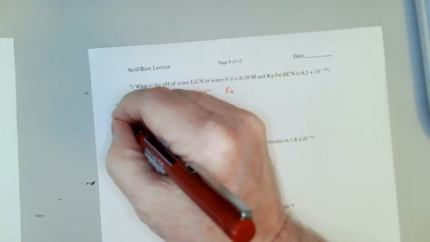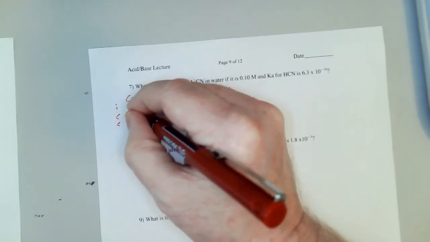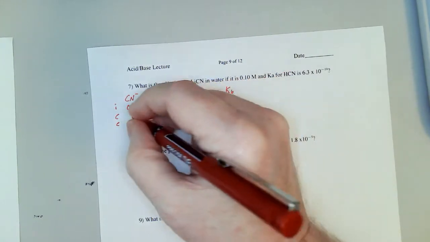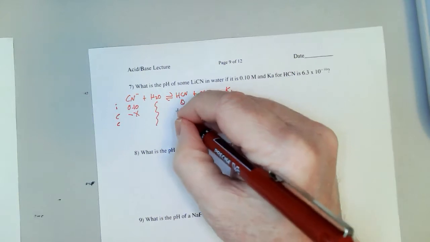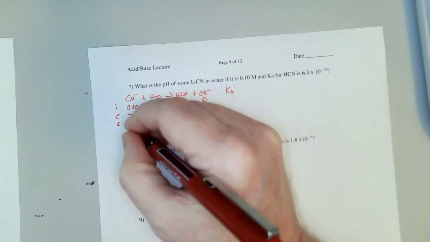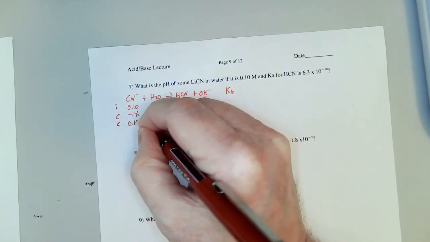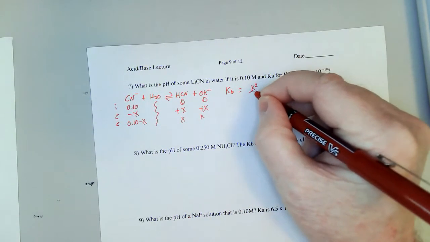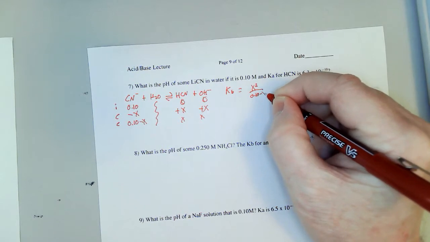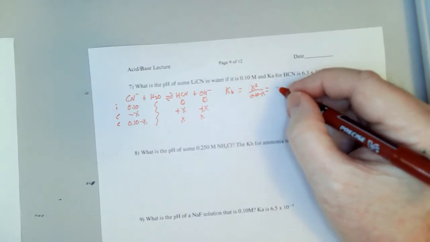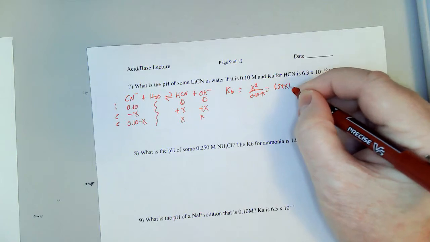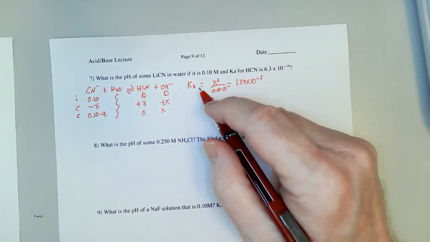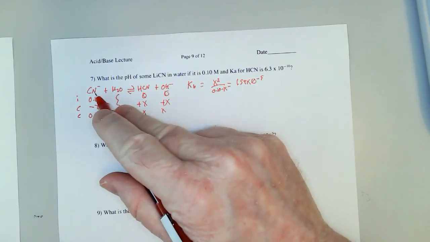My ICE box, pretty straightforward: 0.10, 0, 0, minus x, plus x, plus x, 0.10 minus x, x, and x. Kb is x squared over 0.10 minus x equals 1.59 times 10 to the negative fifth, and that is the Kb for CN minus.